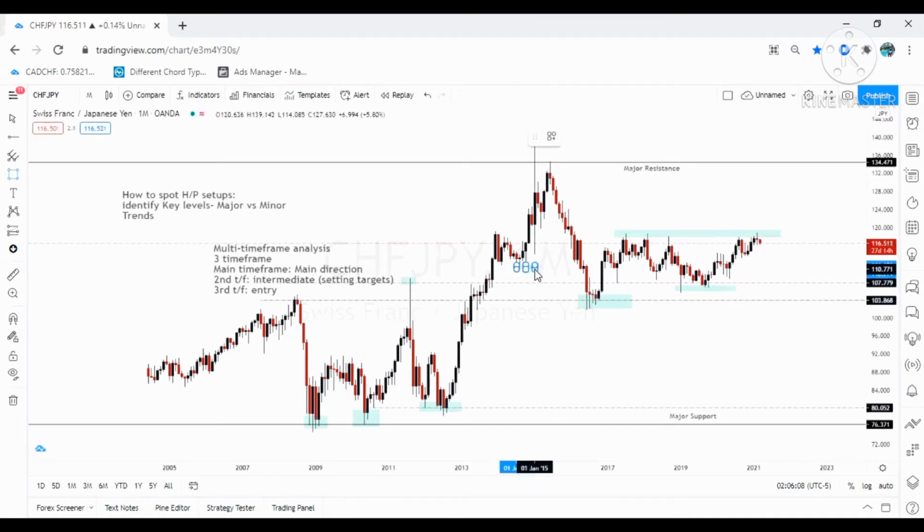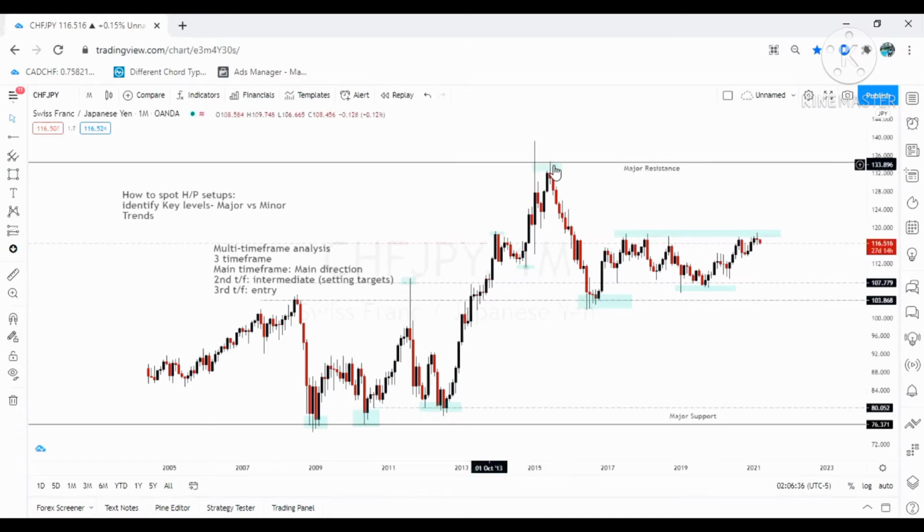This is a lower high. This is a higher high. Then the market came to this point. So we got 3 consecutive higher highs and then 2 lower highs, right?